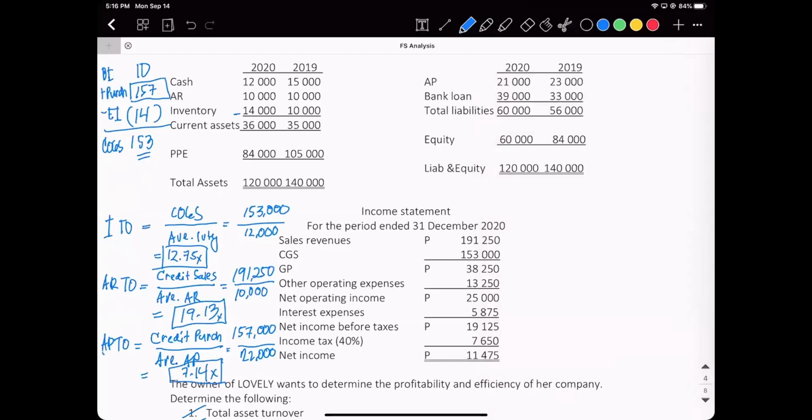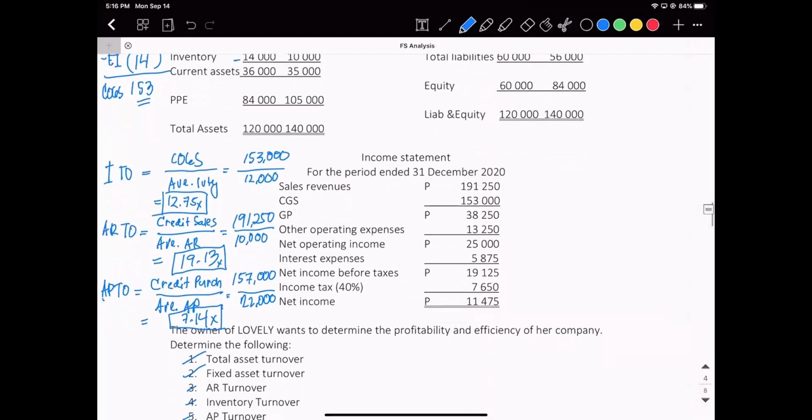Okay, so now, how do we interpret this ratio? For inventory turnover, 12.75x, it means that for a given year, the inventories are sold 12.75 times.